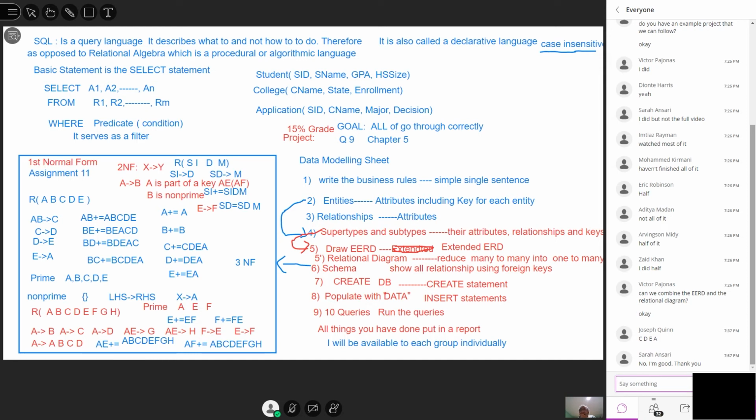Anytime you have a relation, there are rows.